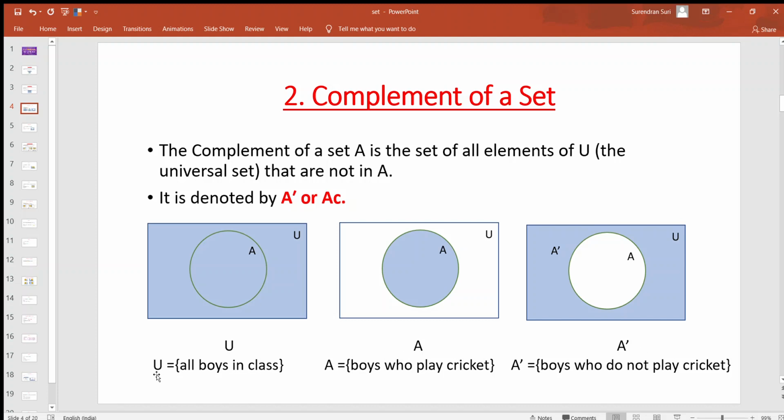Imagine that U is equal to the set of all the boys in a class, and A is equal to the set of boys who play cricket. So this is the set of all the boys, and this is the people who play cricket. Then A complement will be the set of boys who do not play cricket.